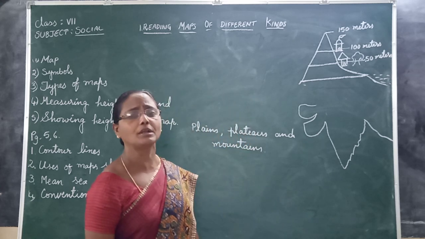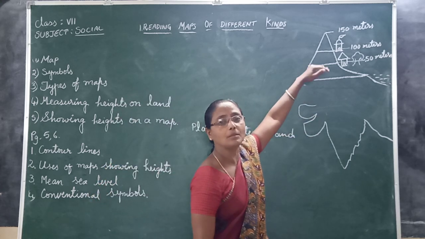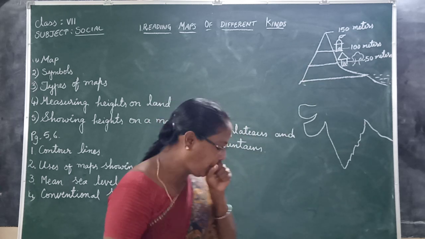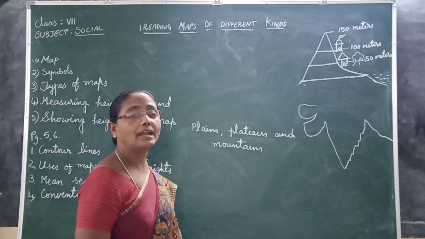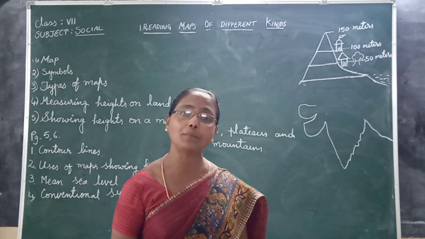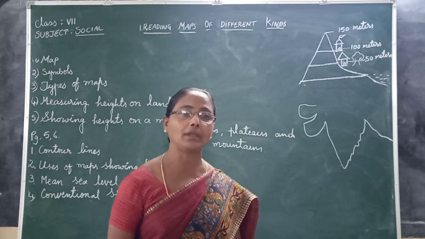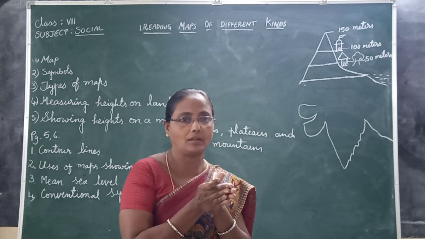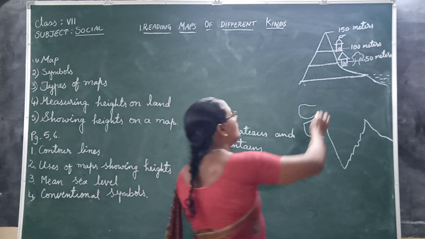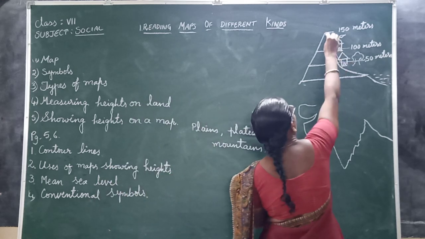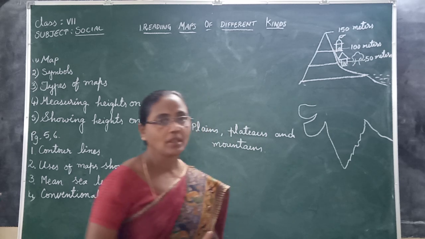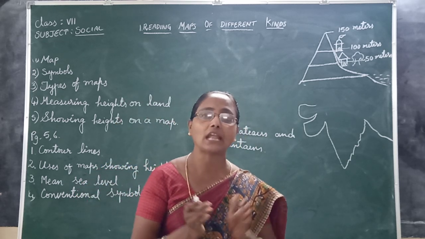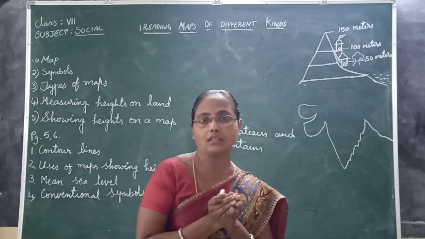For example, if the land has a steep climb, the contour lines will be near to each other. Steep means like mountains.